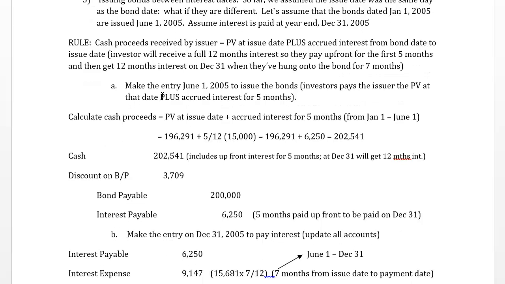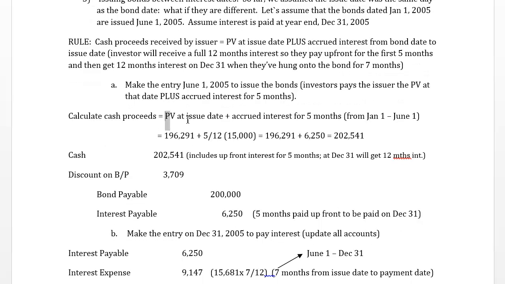So what you need to do is figure out the present value at June the 1st, which I've got calculated here, and I'll show you that in a minute, plus the accrued interest for 5 months. Well, we already said in the previous part of the question that we're going to pay them interest of $15,000 at the end of December. But to determine how much of that the investor needs to give me up front, I want the piece from January to June up front from them for 5 months, because at December 31st, when these guys are paid, they're going to get the full 12 months.